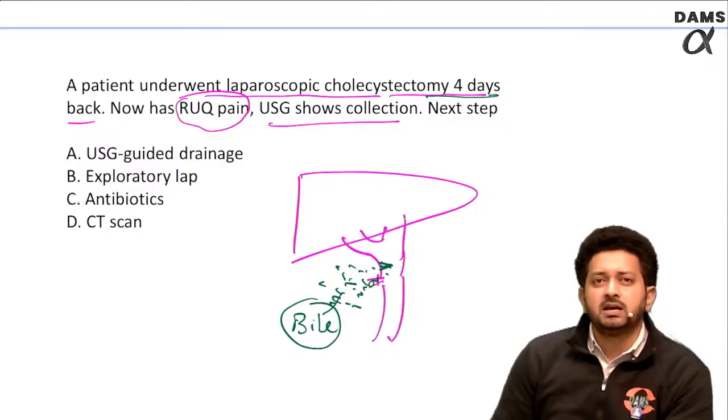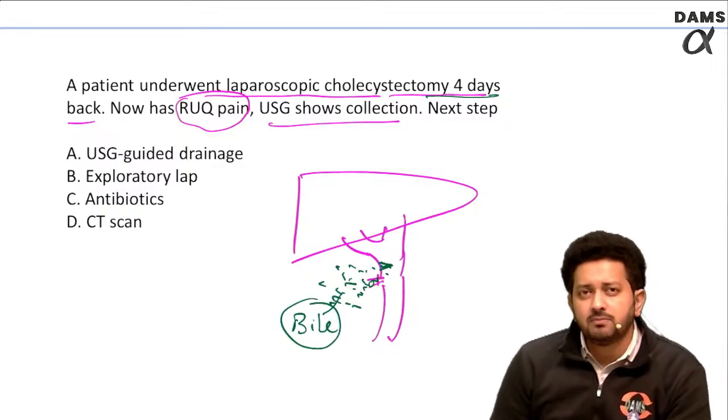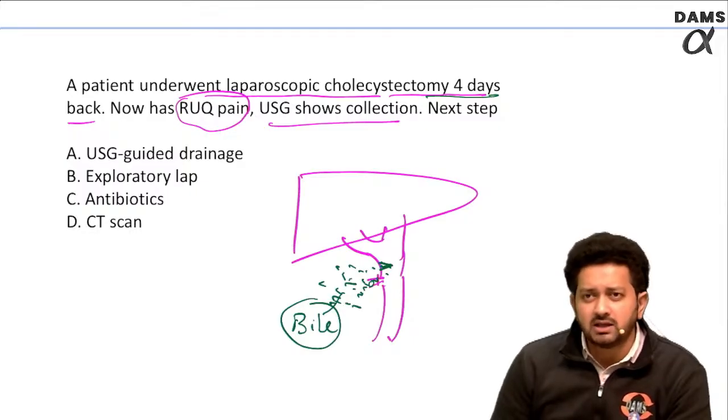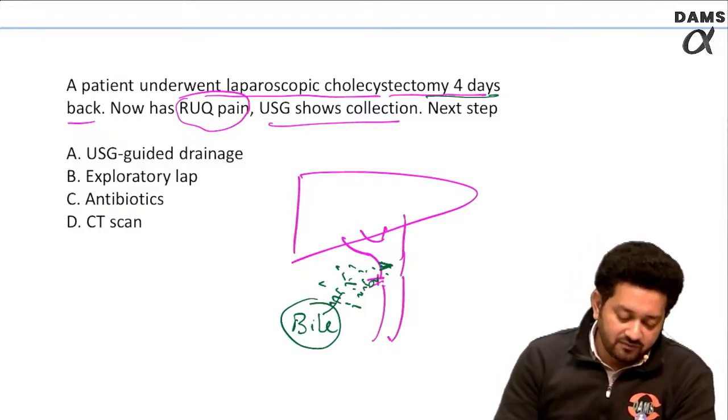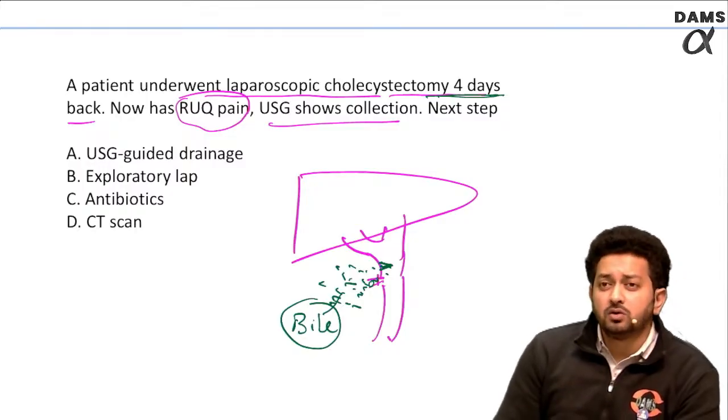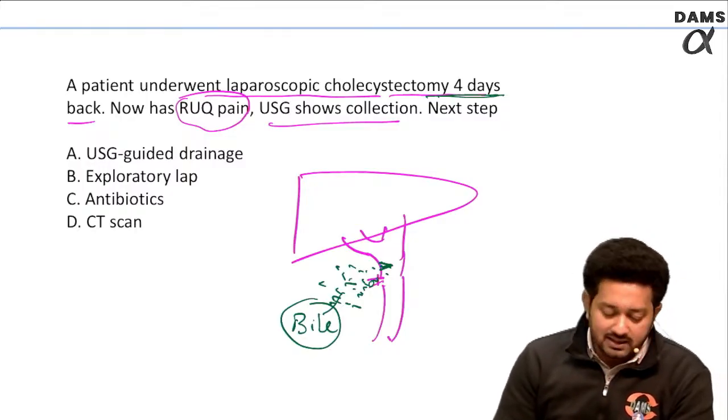If this injury is identified at the time of laparoscopic cholecystectomy, then you can do the repair, either primary repair or hepaticojejunostomy or putting a T-tube or end-to-end anastomosis. But after 4 days have passed, even if you know that there is an injury, you cannot do anything at that time.